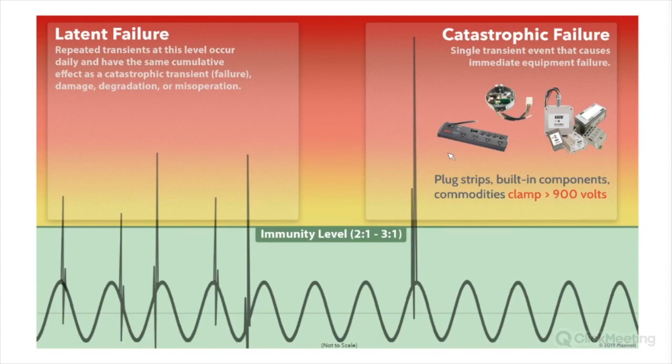But what people don't realize, and what's important, is that how you figure out if a surge protector is doing any good is if the clamping voltage is beneath this immunity level. Most of these commodity components, plug strips, clamp at greater than 900 volts. So you can see that's more like 6 or 8 times the nominal voltage. It'll protect you on maybe some of the great big strikes, and it'll only protect you to 900 volts, but it still doesn't get you down below that immunity level.